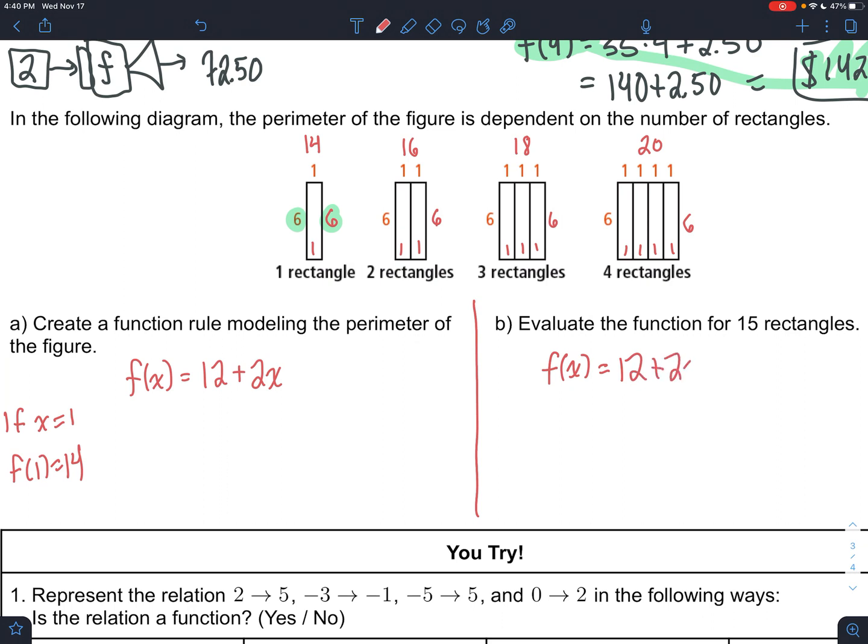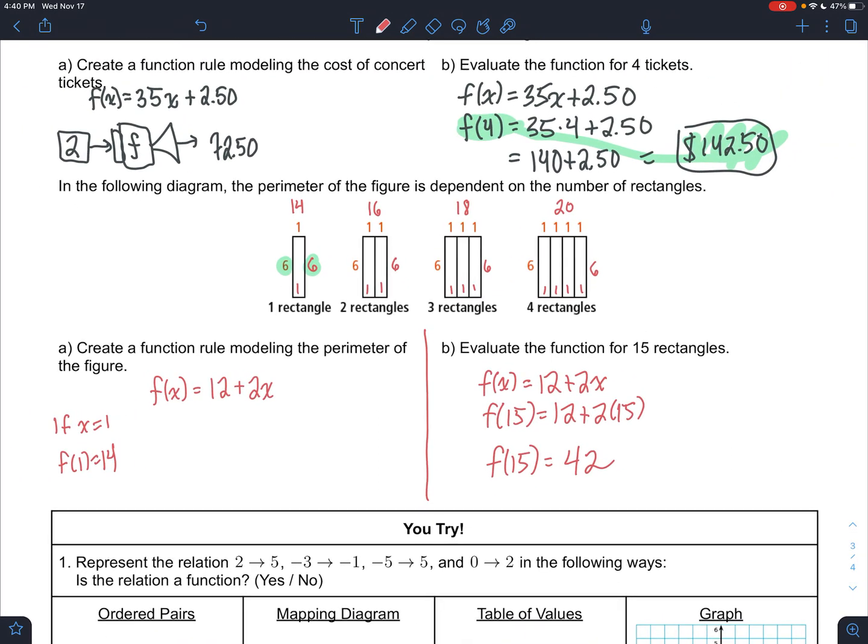So I will go ahead and plug in 15 as the input. And then eventually this is 42, 30 plus 12. So if I have 15 rectangles, then my perimeter around would be 42.